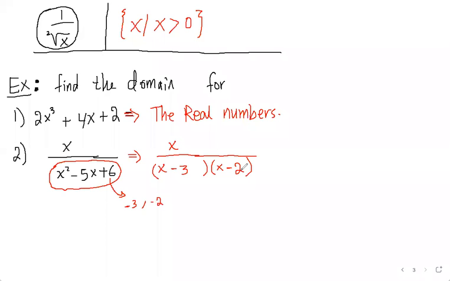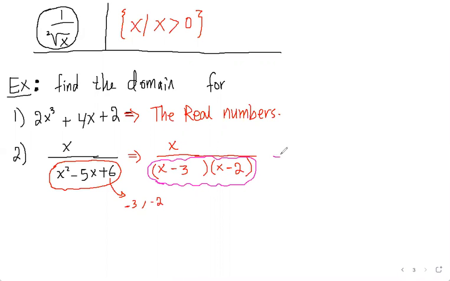Okay. So now we're thinking in a different way. How can I remove the zeros from the denominator? If I plug 3 inside the denominator, it gives me 0, so I have to remove it. If I plug 2, it gives me 0 in the denominator, so I have to remove it.